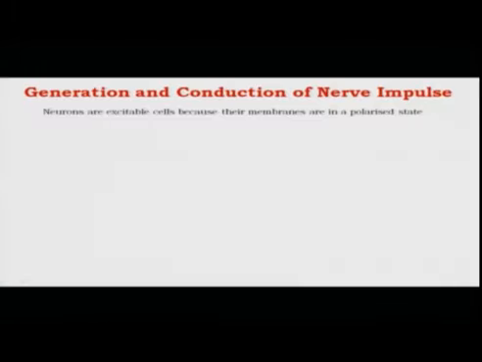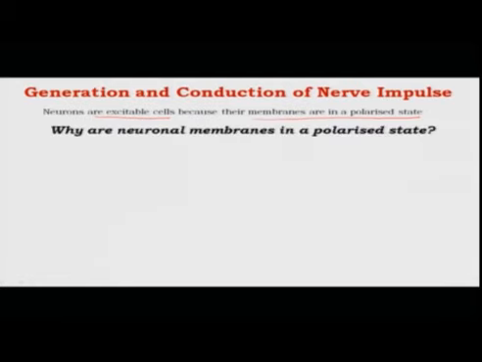The reason why neurons can generate an electrical impulse is because they are excitable cells and their membranes are in a polarized state. I will explain to you what this exactly means. So, we have to first understand why the neuronal membranes are in a polarized state.